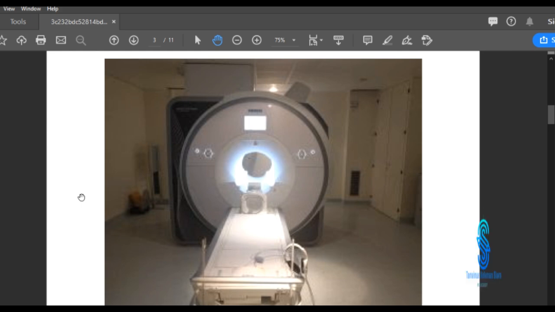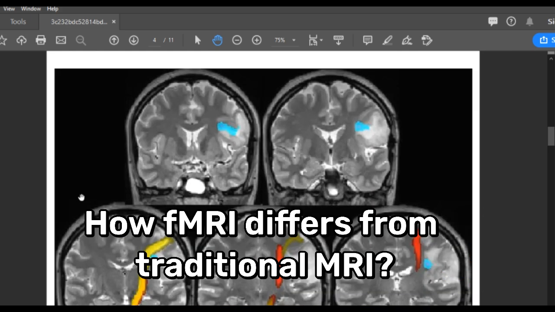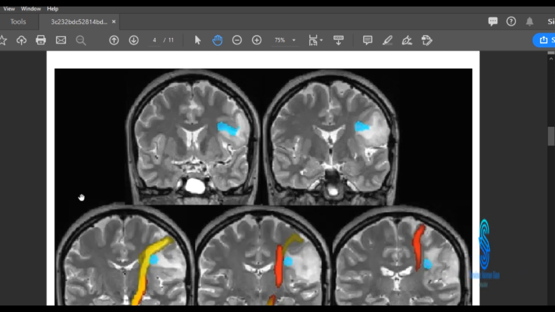So another question arises: how does fMRI differ from traditional MRI? Traditional MRI is used for anatomical imaging to visualize the structure of your brain and other tissues.